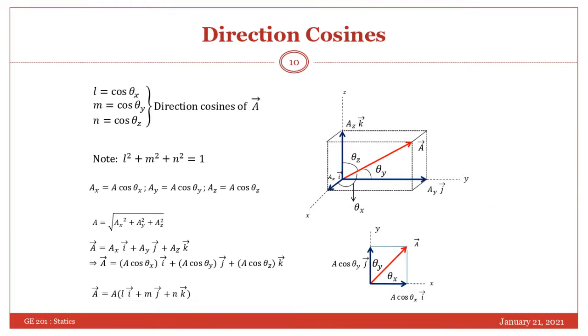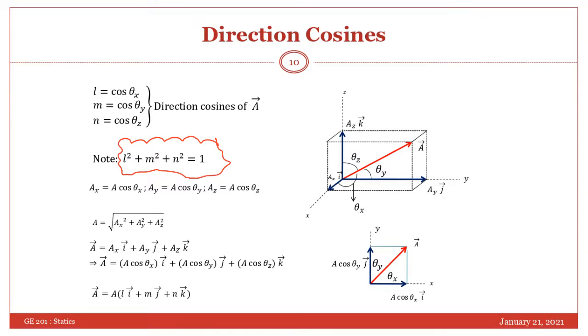Now there is a relationship that exists between the direction cosines, and that relation is L square plus M square plus N square equals 1. So remember this one because sometimes we use this expression. It means if you know two direction cosines, the third you can get by this expression.